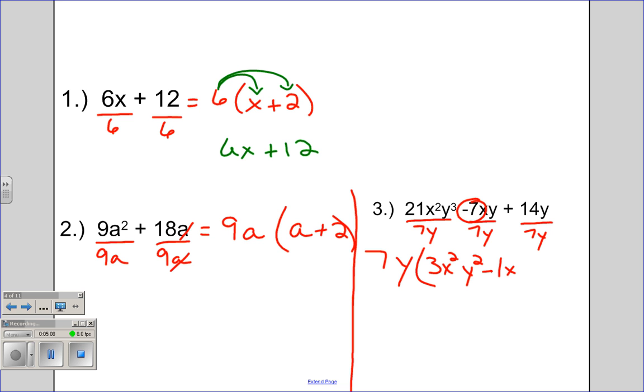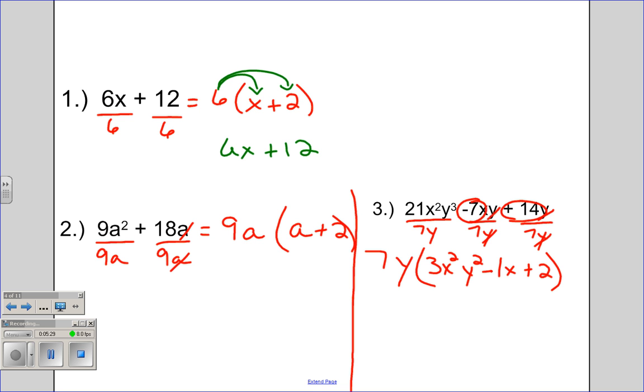You have an x on top, and then you have a y divided by a y. So 1 minus 1 is 0, so the y's cancel. And then your third term, +14 divided by 7 is a +2, and again, the y's cancel, and that is your answer.